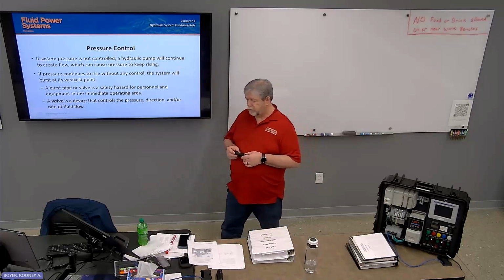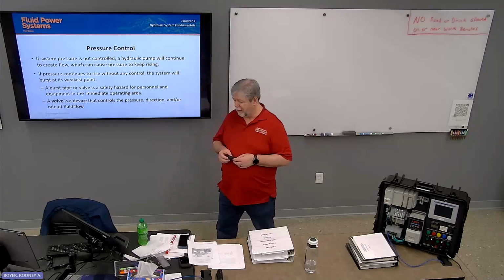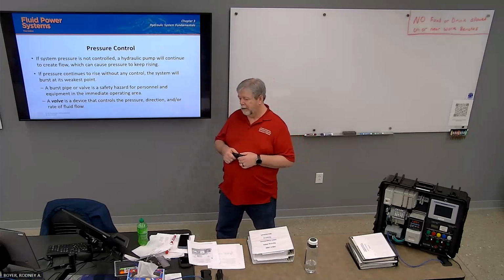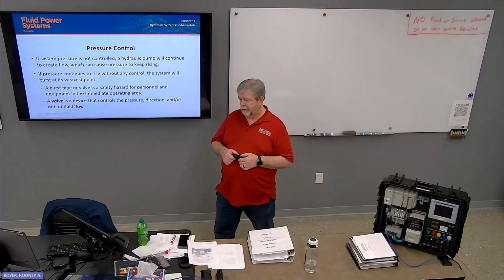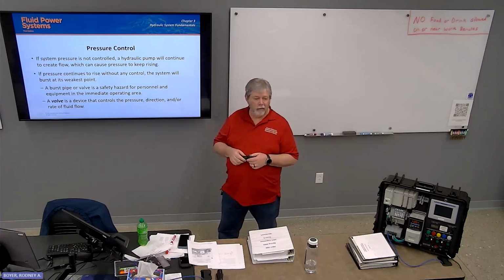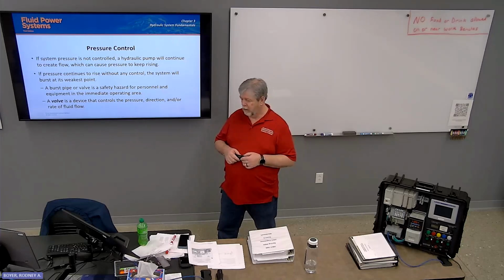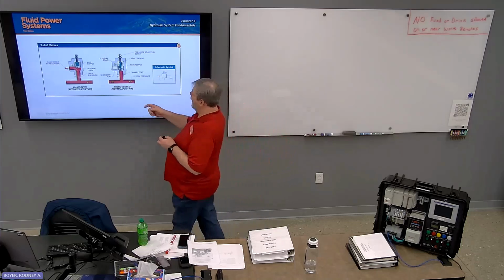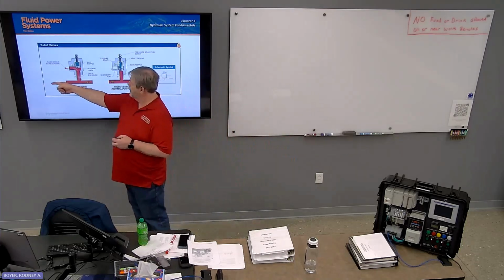And then a valve is a device that controls the pressure, direction, and or rate of fluid flow. When we get into the lab, there's all kinds of valves that we have to play with. Our relief valve, the main path for the flow is this way.